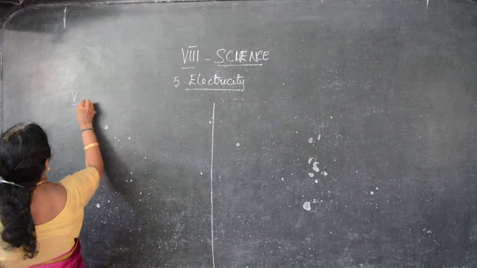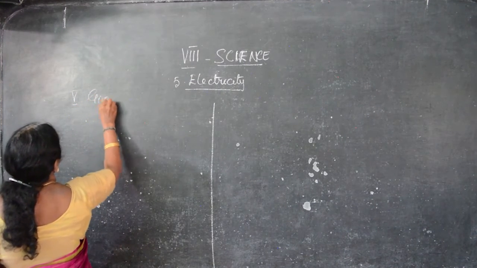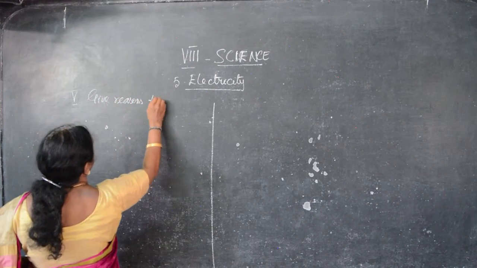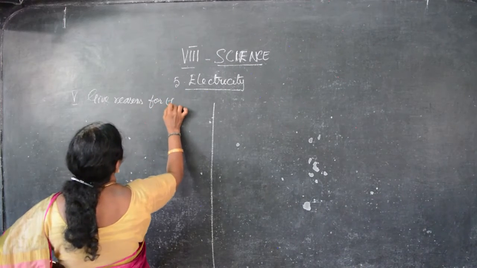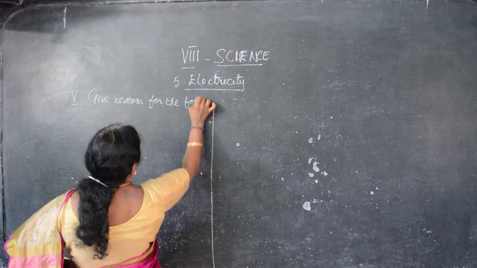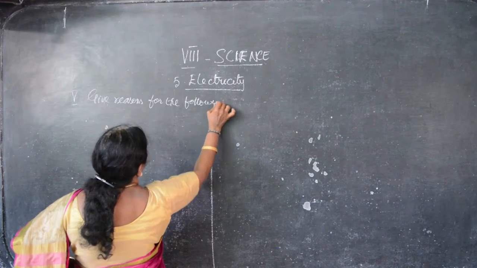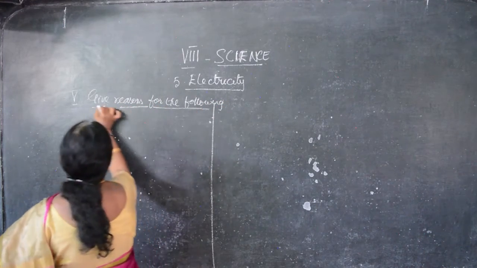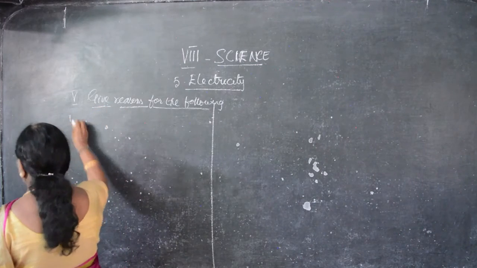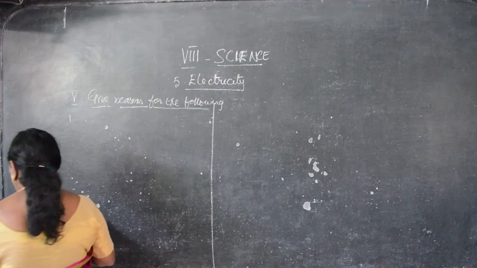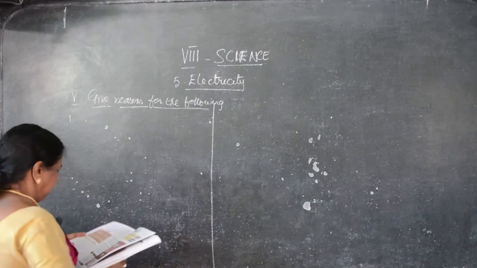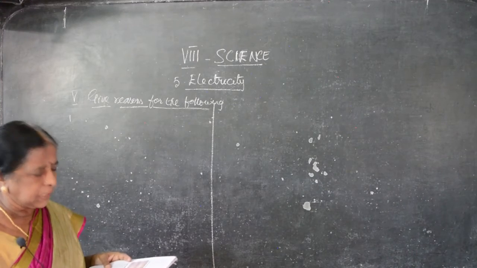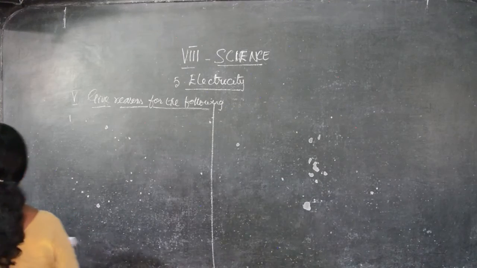Roman number 5. Give reasons for the following. You have to copy down the questions from the book. Answer. First one, when the glass rod is rubbed with silk cloth, both get charged. We have to give the reason.